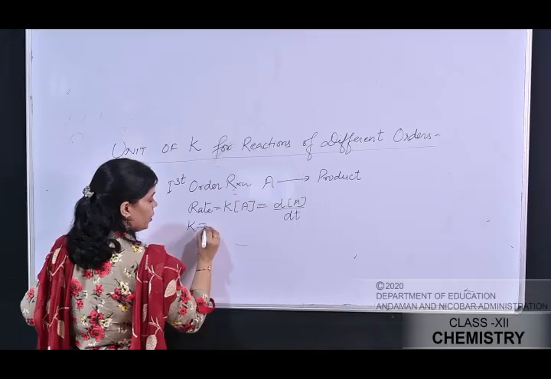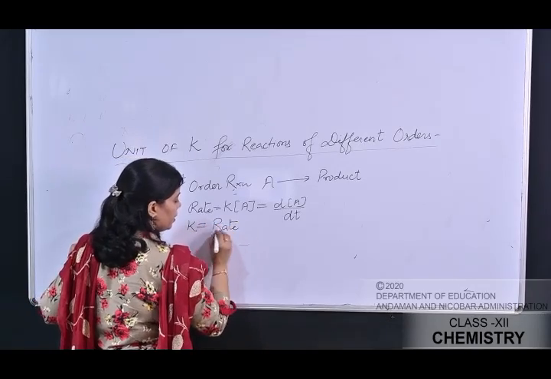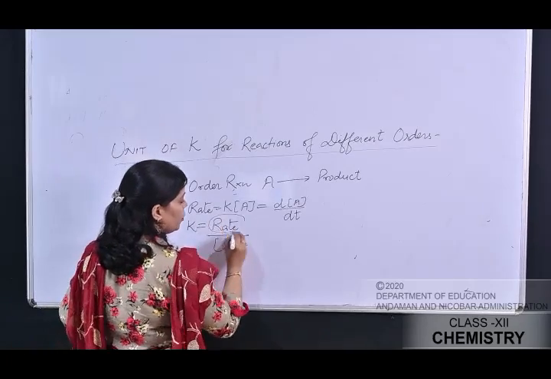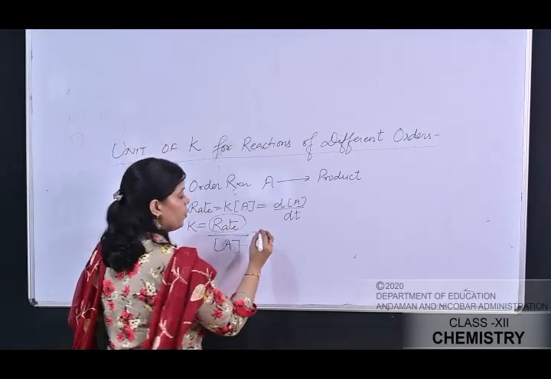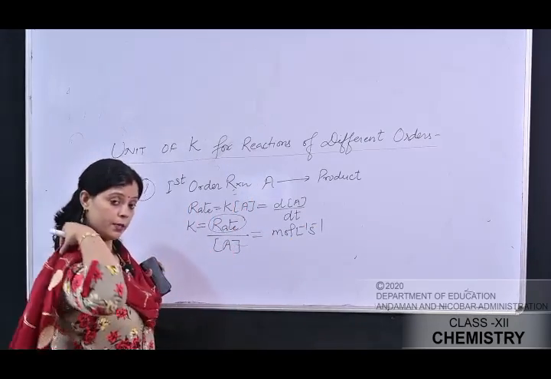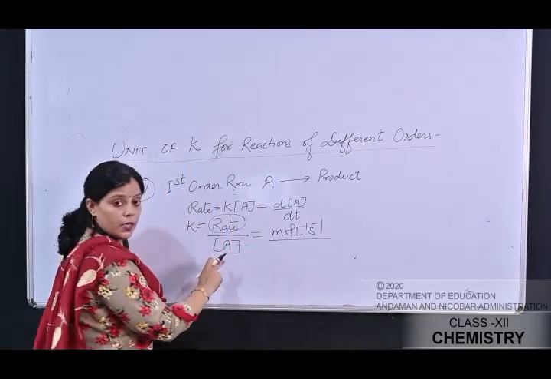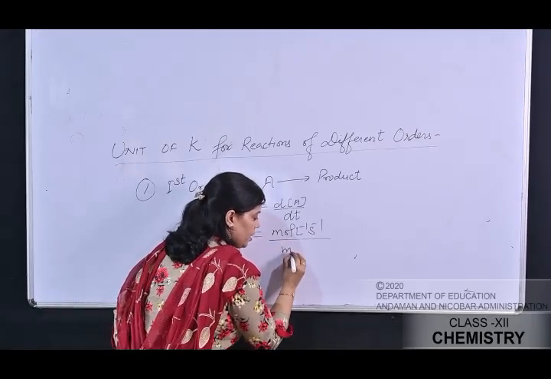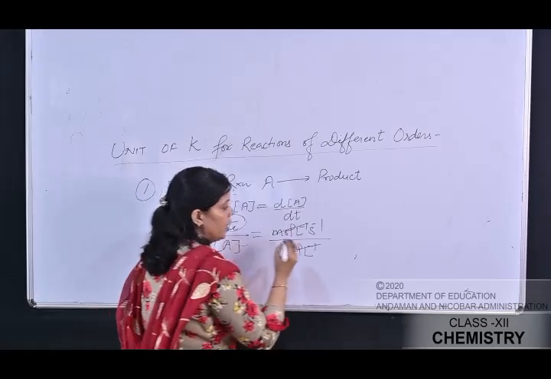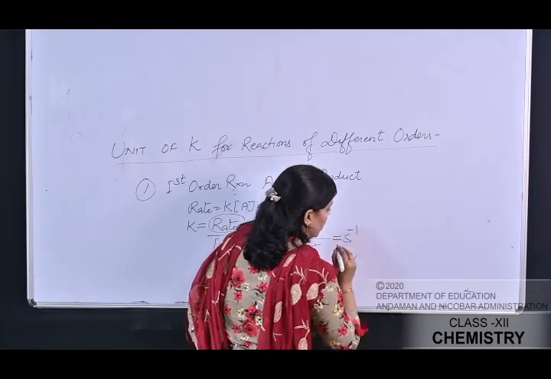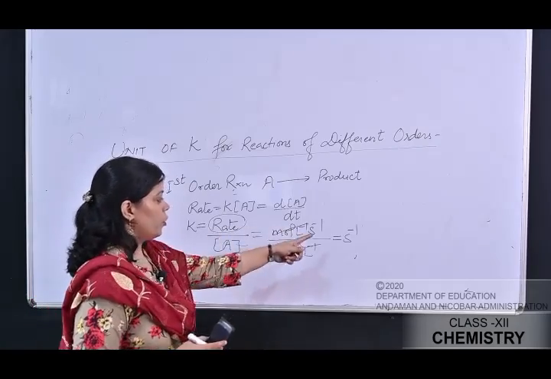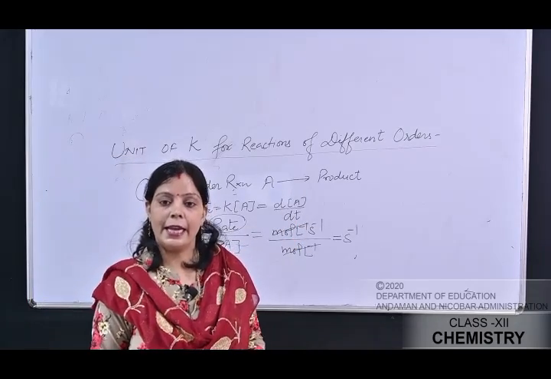Then k is equal to rate divided by the concentration of A. What is the unit of rate? The unit of rate is mole per liter per second. Students, next, what is the unit of concentration? The unit of concentration is mole per liter. These two cancel out and we get the unit of rate constant for first order reaction, which is second inverse.